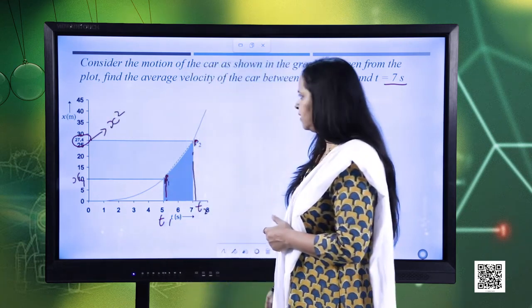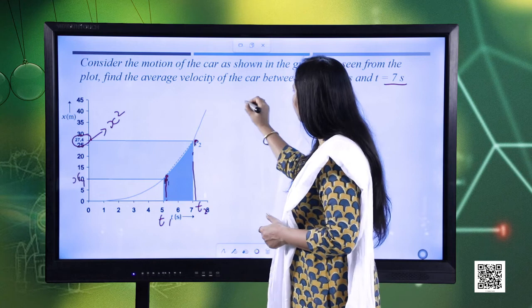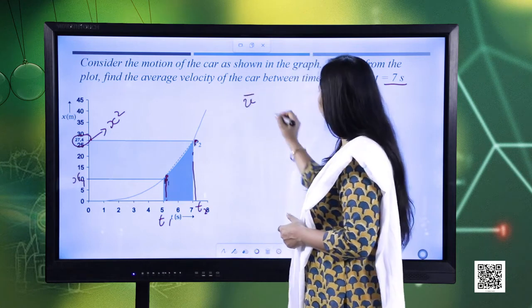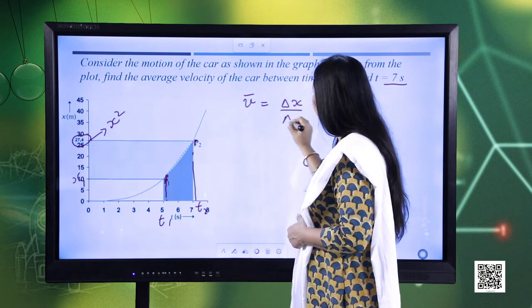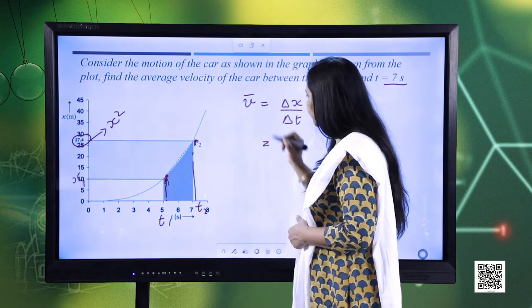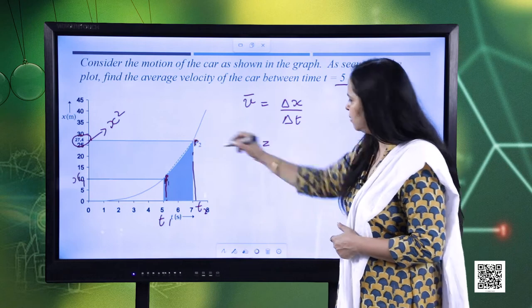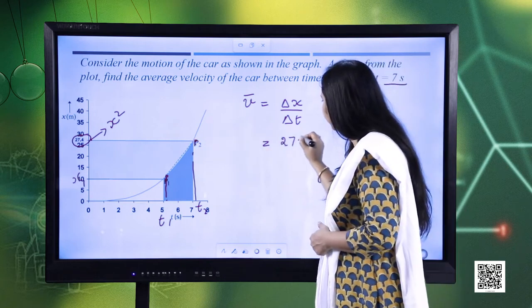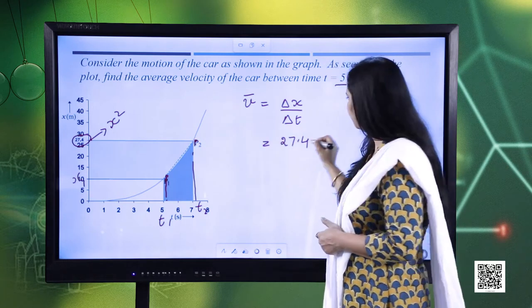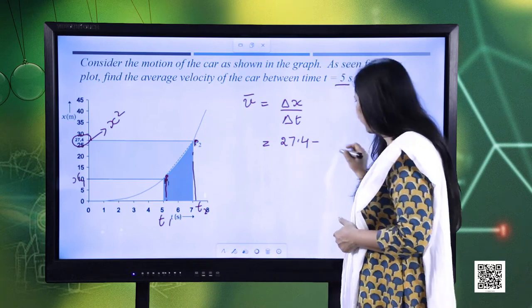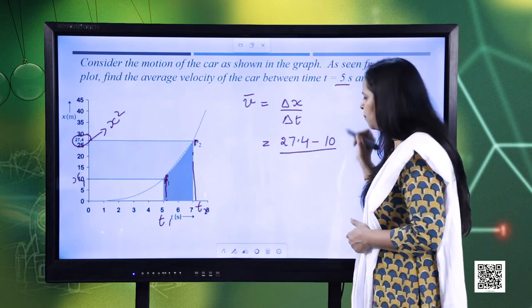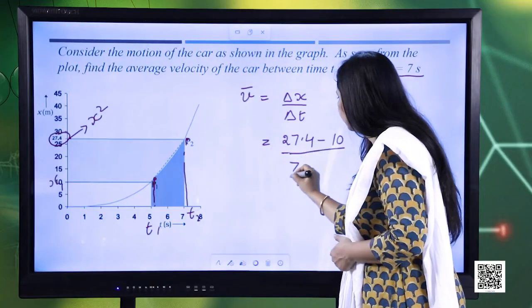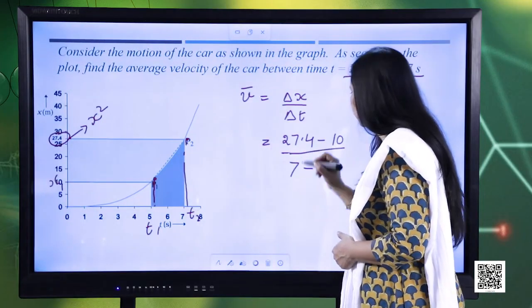So how do we find out the average velocity? Again with the same formula, average velocity is equal to delta x over delta t, wherein how much will be delta x? Delta x will be equal to x2 minus x1, so 27.4 minus 10 upon 7 minus 5.